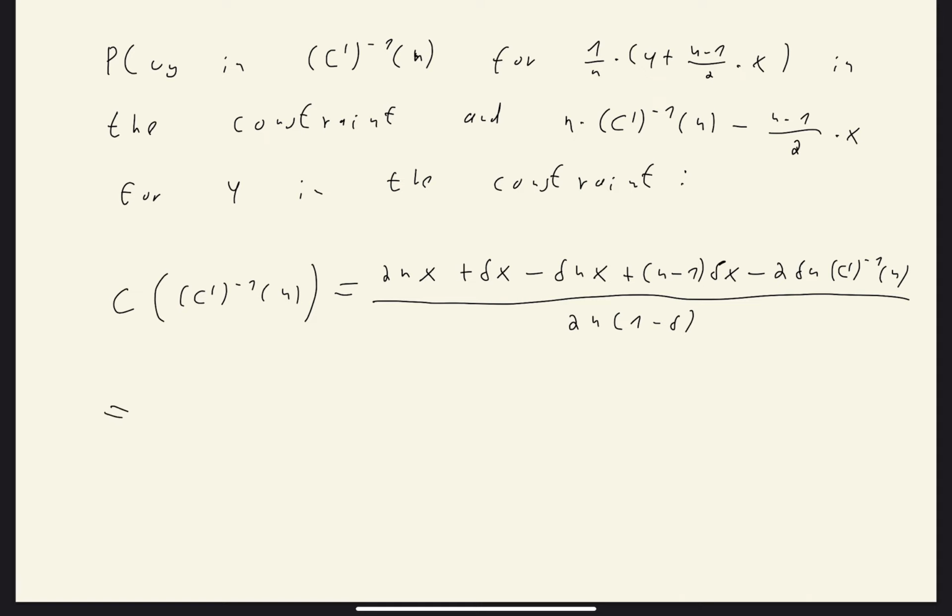And now if you solve this for x, what you get is x star is equal to 1 minus delta. Some of the stuff will cancel out, so this delta nx here will cancel out. But this term here, and then if you solve for x, you get the optimal amount of transfers to all the other members of the minimum winning coalition but the proposer.